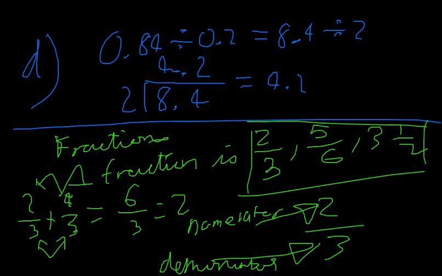So, clear the board again. Let's do one that isn't so nice. Let's do 3 over 4 plus 4 over 5. So, we need to make these equal.